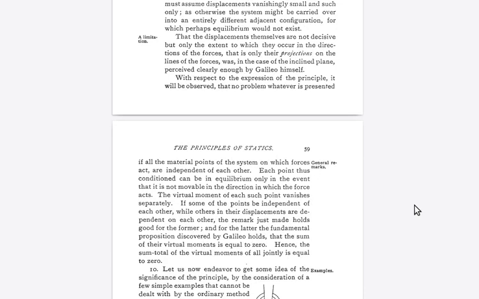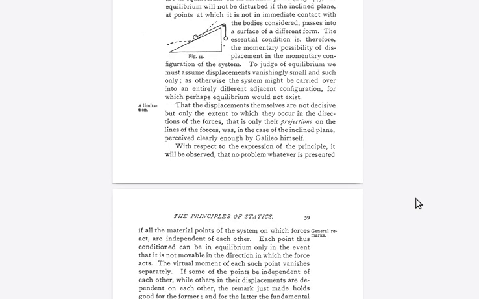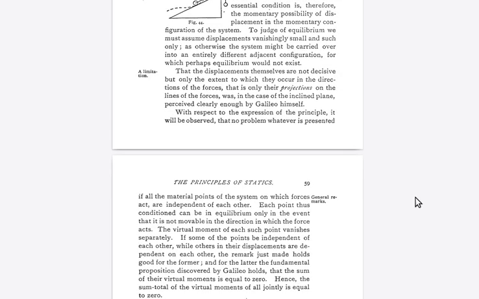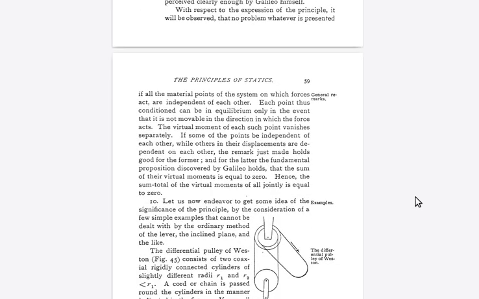That these displacements themselves are not decisive, but only the extent to which they occur in the directions of the forces, that is, only their projections on the lines of the forces, was, in the case of the inclined plane, perceived clearly enough by Galileo himself. With respect to the expression of the principle, it will be observed that no problem whatever is presented if all the material points of the system on which forces act are independent of each other.